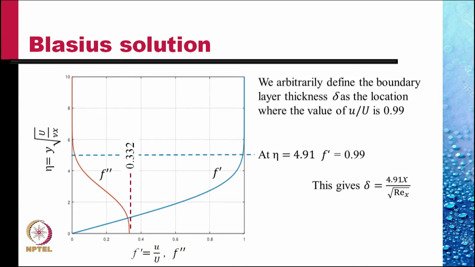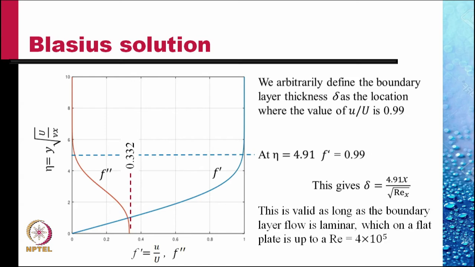And this value is 0.332 at the wall. We will use it to estimate the shear stress at the wall. These calculations are valid as long as the boundary layer flow is laminar, which on a flat plate is up to a Reynolds number of about 4 into 10 to the power 5.